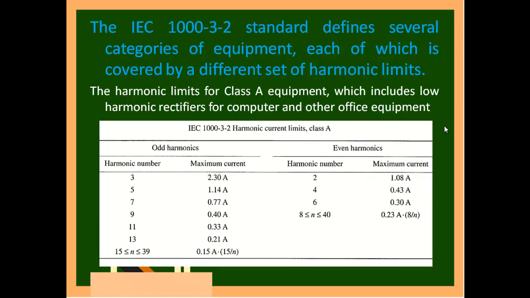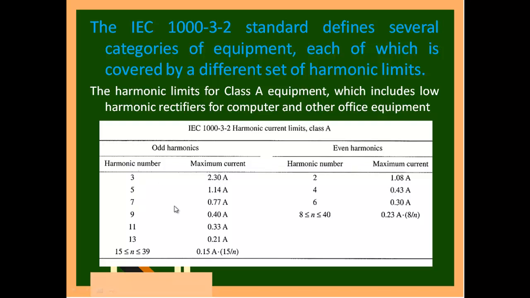Then the IEC 61000-3-2 standard defines several categories of equipment. Each of these is covered by a different set of harmonic limits. So, harmonic limits of class A equipment. Class A is for army, class C is for commercial, which includes low harmonic rectifiers for computers and other office equipment. You can see for the third harmonic, a maximum current of 2.30 A is allowed.